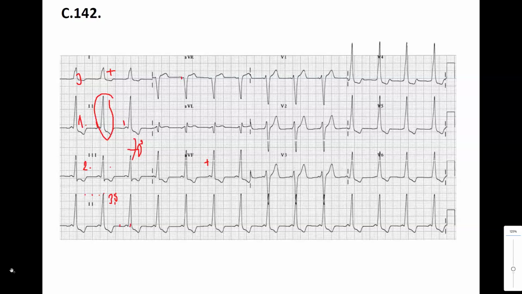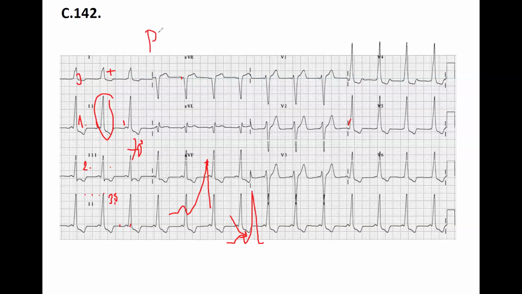Plus, if you look, you do see a little notch. If I want to draw it, this is a P and it's already starting. Then the PR is short. When the PR is short, what does it mean? That's a pre-excitation syndrome.